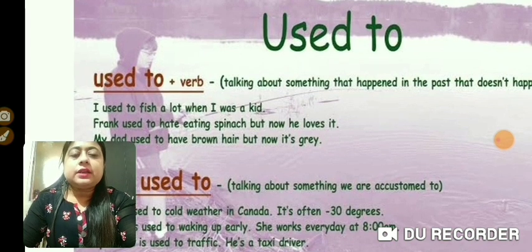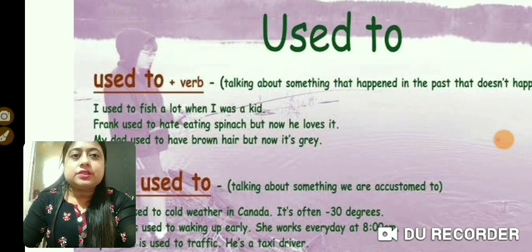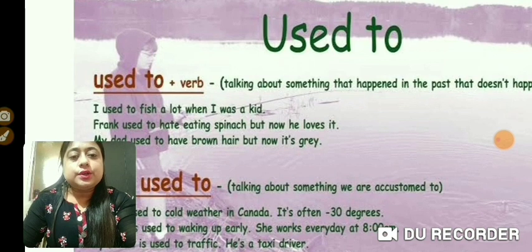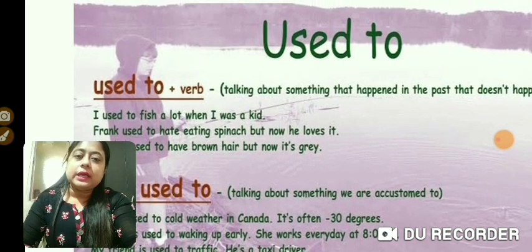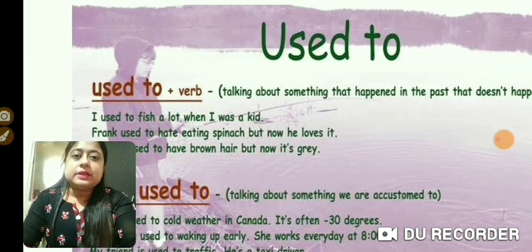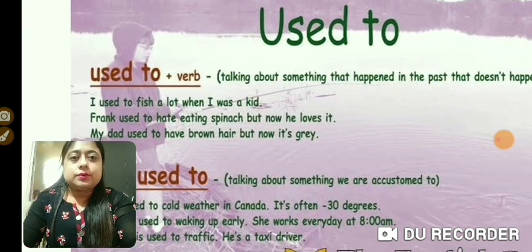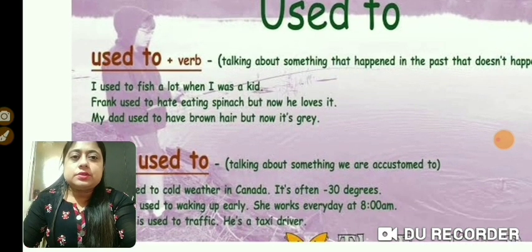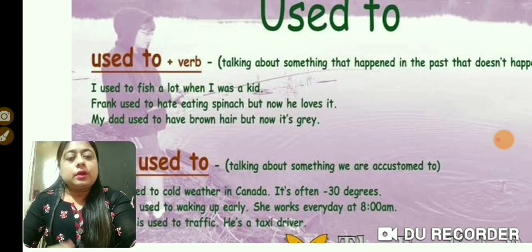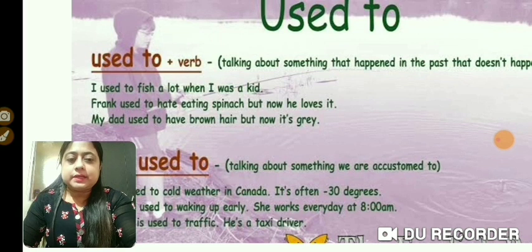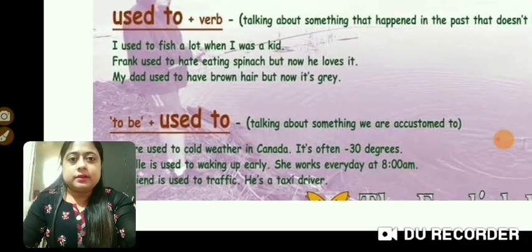Next, Frank used to hate eating spinach, but now he loves it. So that action was happening in the past but is not continuing anymore in the present. So in that case we use used to. My dad used to have brown hair, but now it's gray. So that was something in the past, but presently he has gray hair.